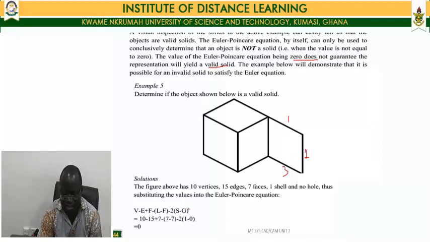The reason is that, if you take what B-Rep was able to show us, a vertex can only be formed when you have at least 3 edges. So this cannot be a proper vertex.